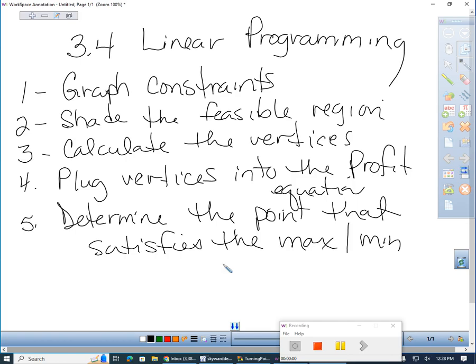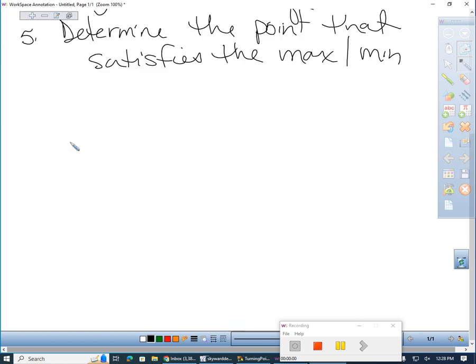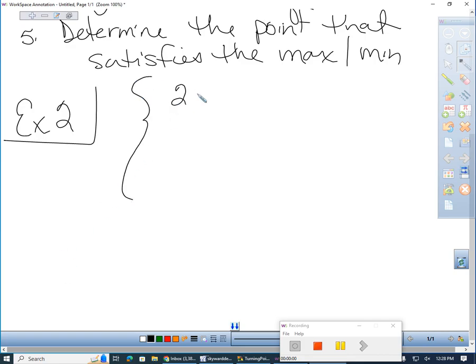We did one example the other day. I'd like to do another example. So here we go with example number 2, where we left off. All right, here are the constraints we're going to start with. 2 is less than or equal to x, less than or equal to 6. 1 is less than or equal to y, less than or equal to 5.